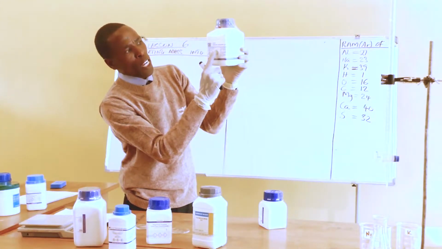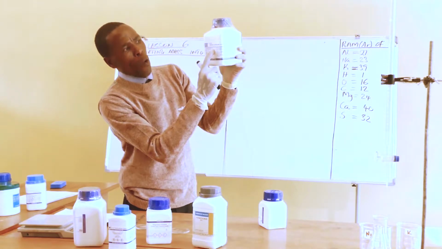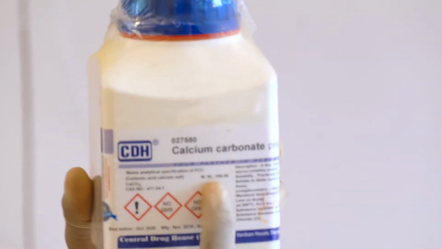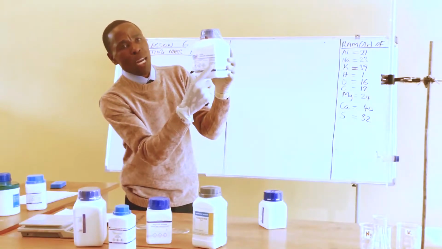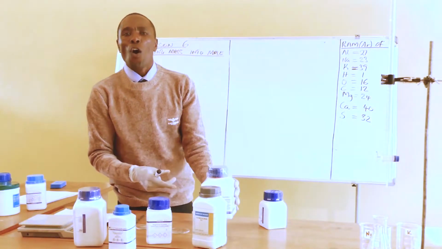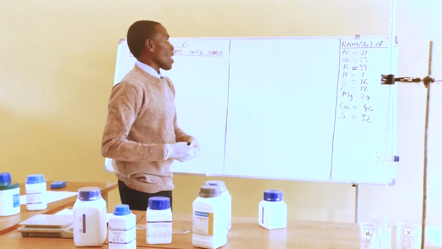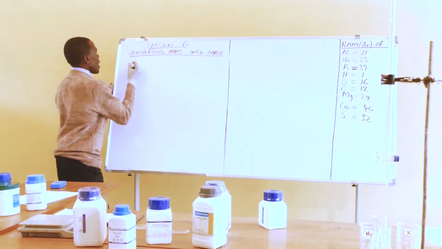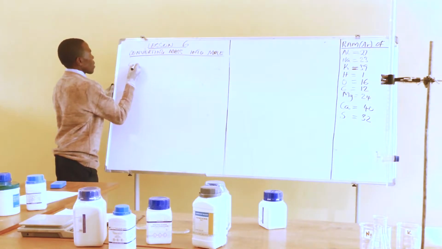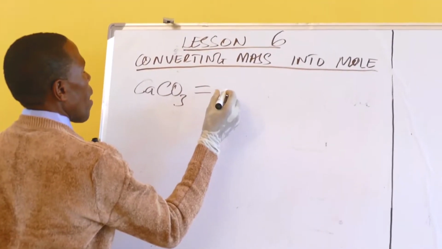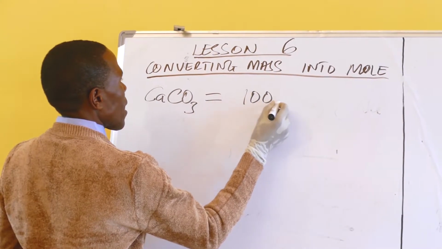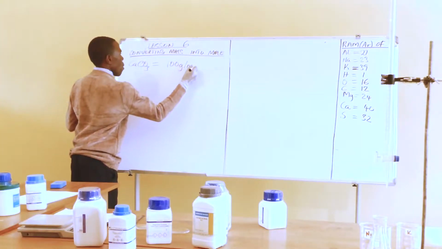You can see it is written MW 100.09, approximately 100. So this 100 is the molar mass of the formula calcium carbonate. So calcium carbonate has 100 grams per mole.